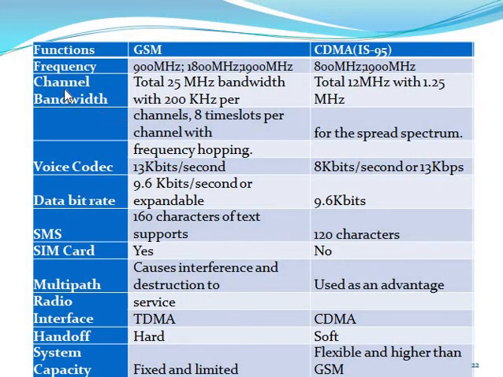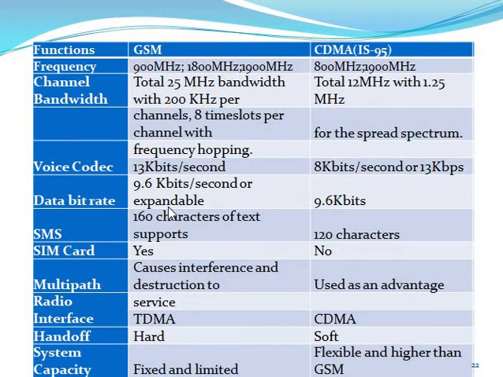Then for channel bandwidth, there is a total of 25 megahertz bandwidth and a maximum of 2000 channels with 200 kilohertz each. For CDMA we can see 12 megahertz with 1.25 megahertz channels. Then GSM has 8 time slots per channel width, and CDMA uses spread spectrum. For the voice coder, frequency hopping with 13 kbps, and here we can see 13 kbps.